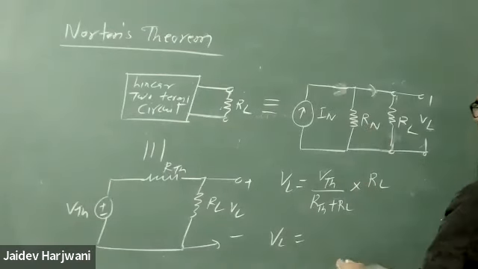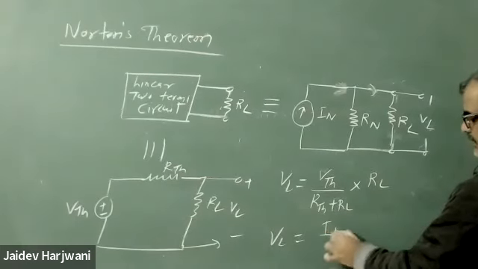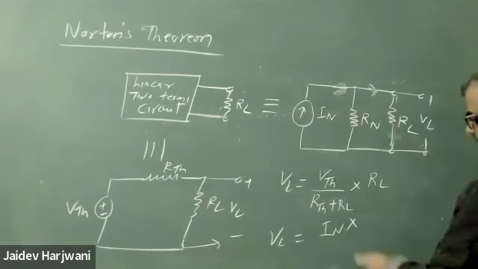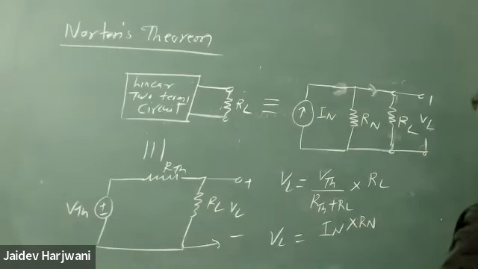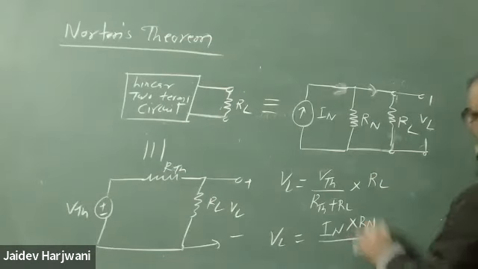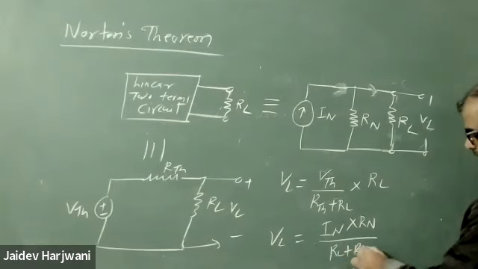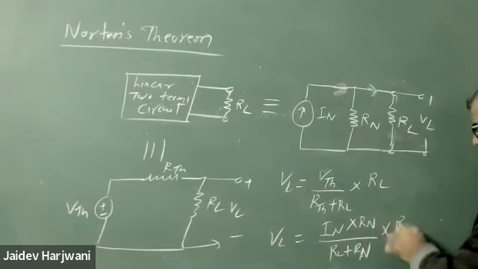Say the opposite branch is RN, and the total current IN is coming. I take the resistance of the opposite branch, that is RN, and the total resistance is RL plus RN. This becomes the current, and then I need to multiply by the resistance, again RL.